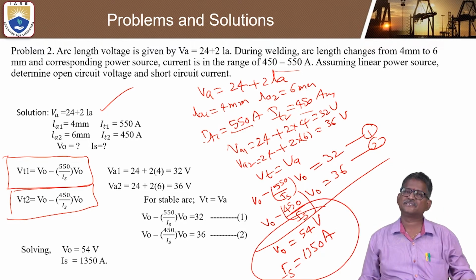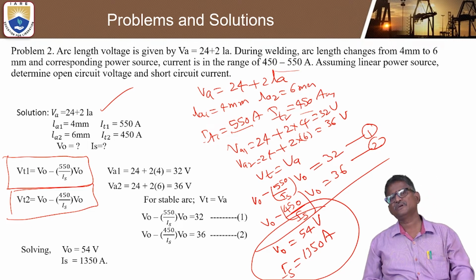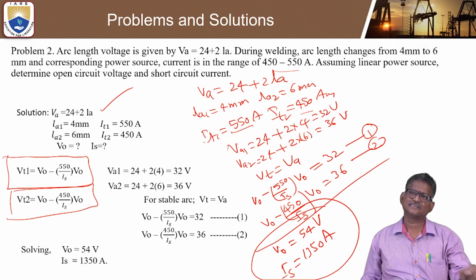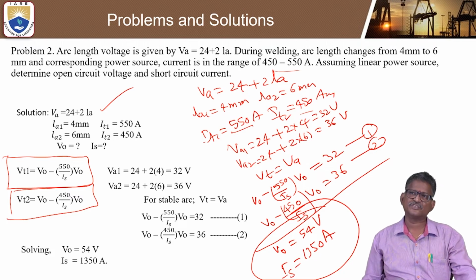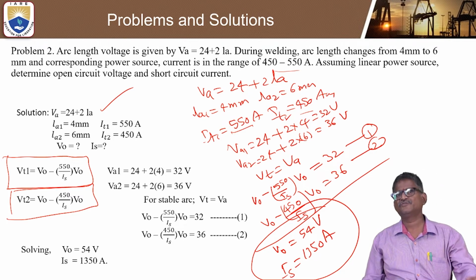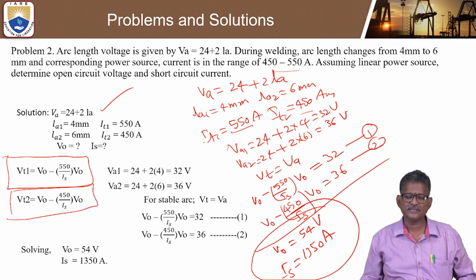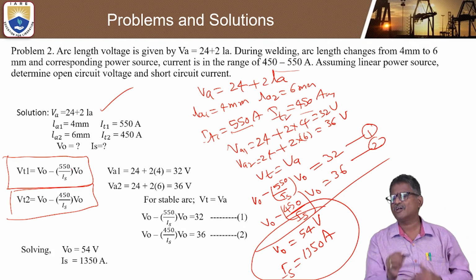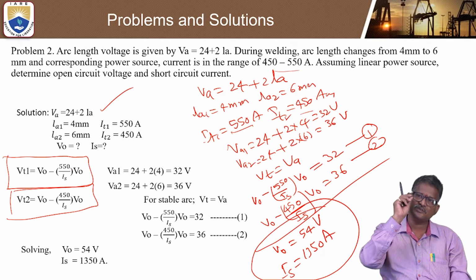For GATE examinations, they may ask this. It was 5 marks previously, now they are asking for 2 marks. The only thing is the concept of open circuit voltage and arc length. If you understand that concept, then only you can get this answer. If you take 450 in the first case, you never get it, and it is always time consuming. You need to understand that concept.